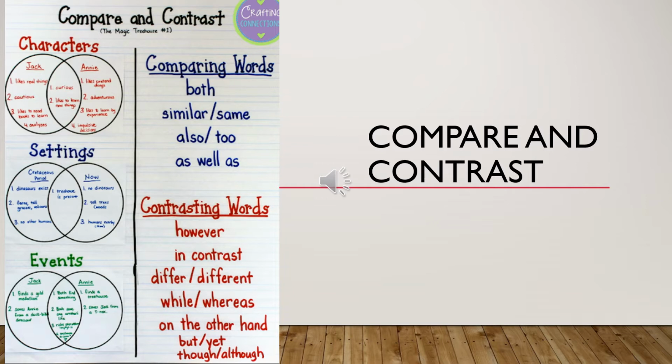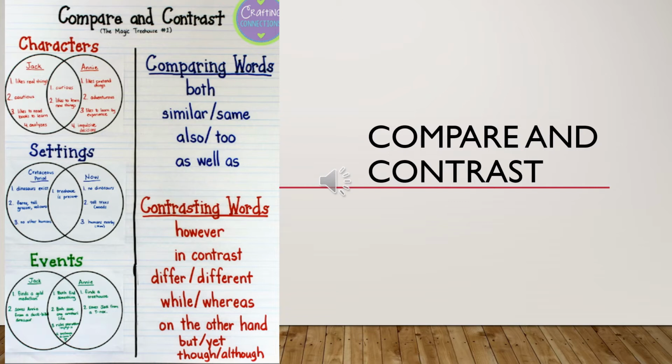We know that there's going to be some things that Jack personally has for characteristics and then some things that Annie would have. But we also know that perhaps they both share some common characteristics. In that example, they both are curious and they both like to learn new things.